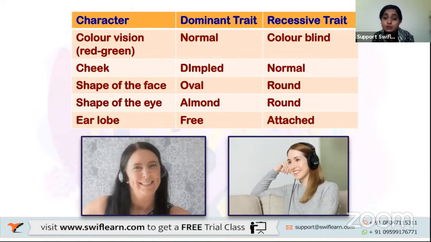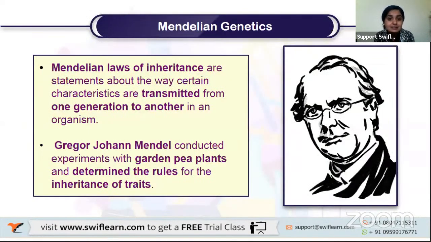That is oval, so you tend to get an oval face shape. If it's almond shape of the eye, that is more dominant, then you get that in place of round eyes. Moving further, earlobes can be free, not attached to your cheek or your chin bone, so they are more dominant and you get that absolutely. And the attached ones are rare, that are recessive.